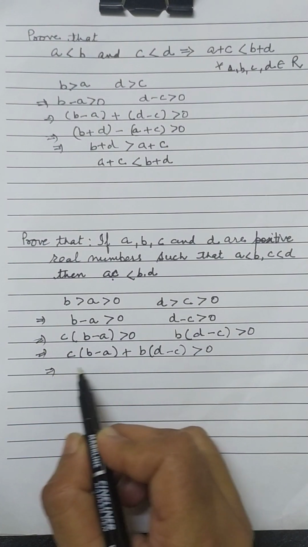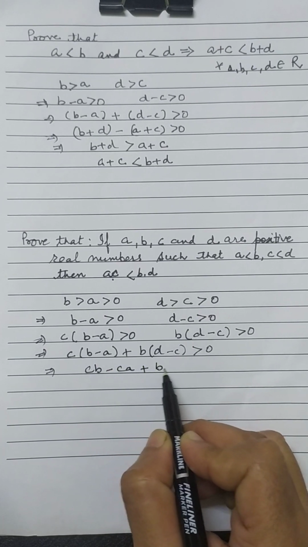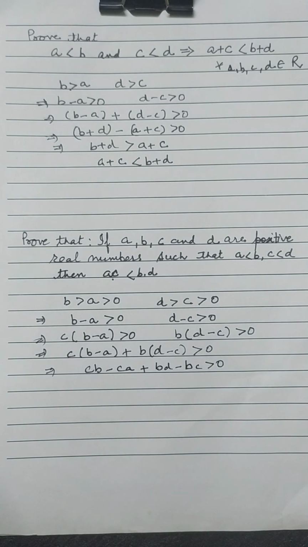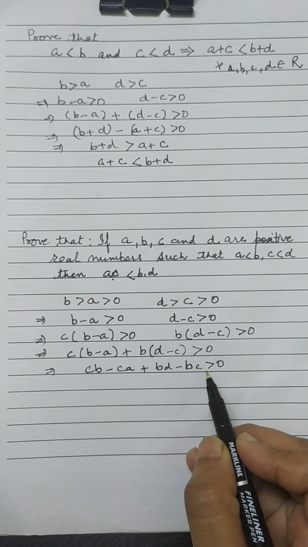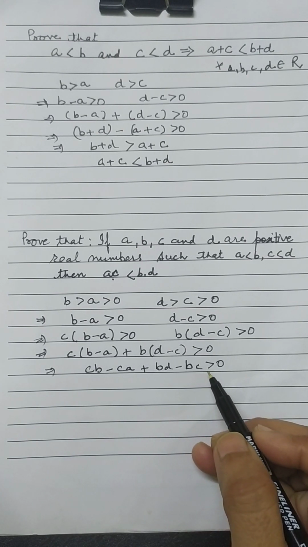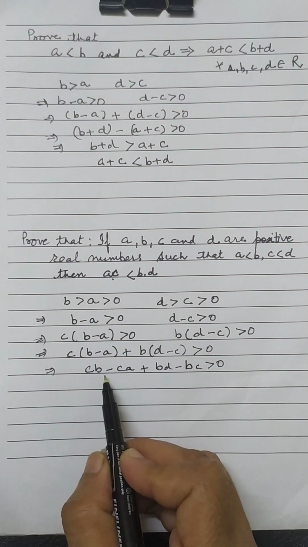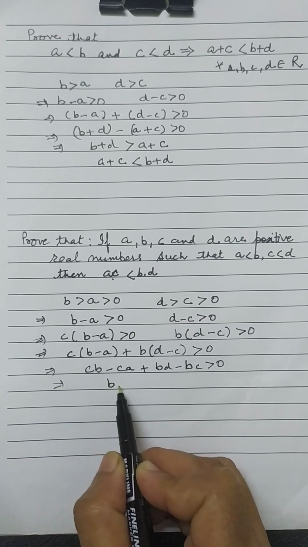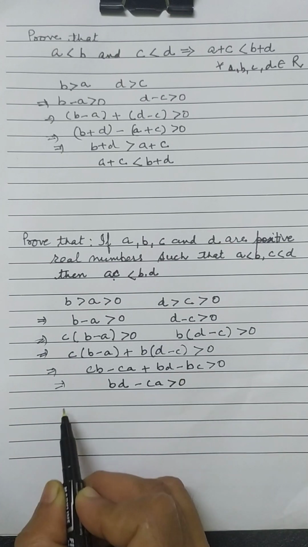So if I open the bracket, this implies cb − ca + bd − bc > 0, right? This is cb and −bc, and we know that multiplication in the set of real numbers is commutative. So cb is the same as bc, so this cancels out and I have bd − ca > 0.